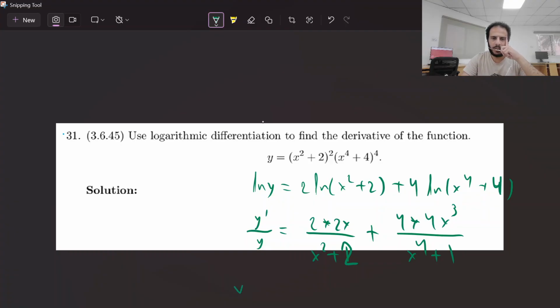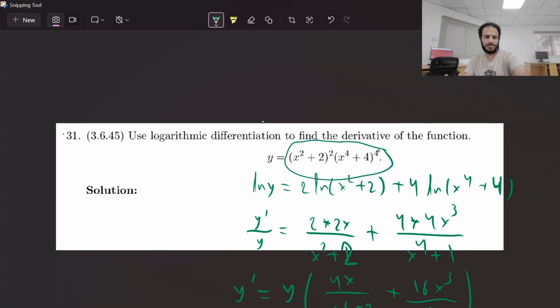Then y prime equals, we put y to the other side, so y times the whole right side, 4x over x squared plus 2 plus 16x cubed over x to the 4 plus 1. And then you substitute y back. Thank you.